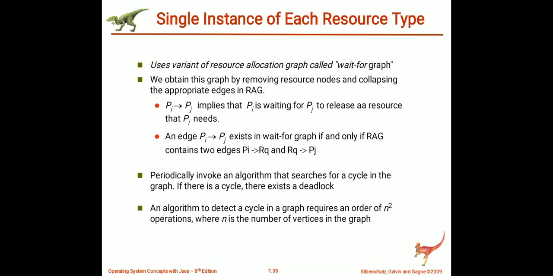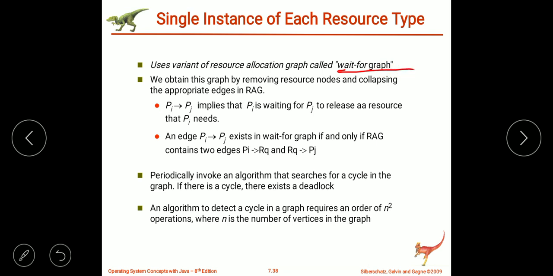If there is only a single instance of each resource type, then we can use a variant of the resource allocation graph, which is very similar to the resource allocation graph, called the wait for graph.